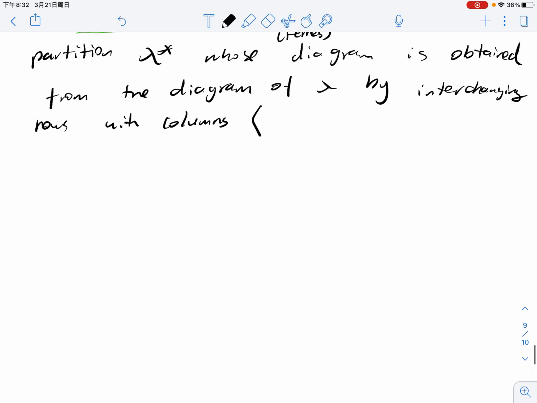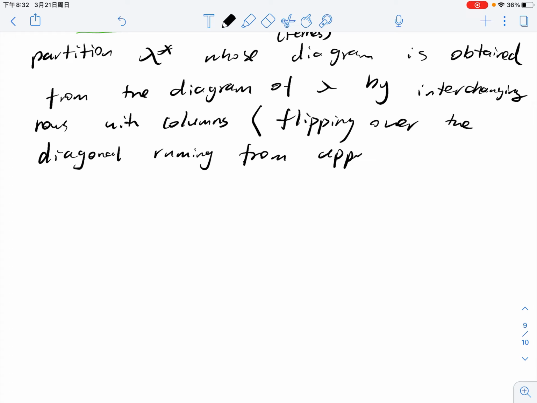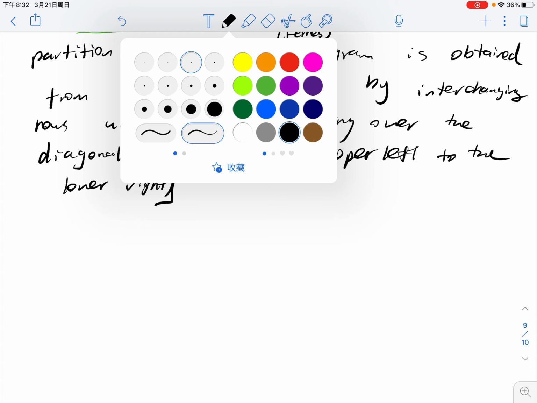Another way to view this is flipping over the diagram, sorry, flipping over the diagram over the diagonal running from upper left to the lower right, or the diagonal with negative slope.